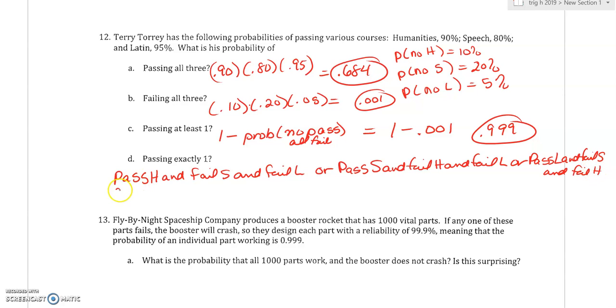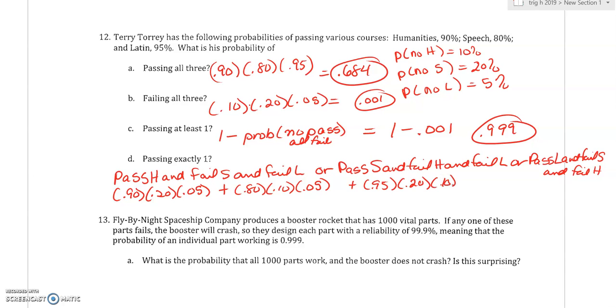So here goes. Passing humanities, multiply because it says and fail speech and fail Latin. Or means add, pass speech and fail humanities and fail Latin, or pass Latin and fail speech and fail humanities.